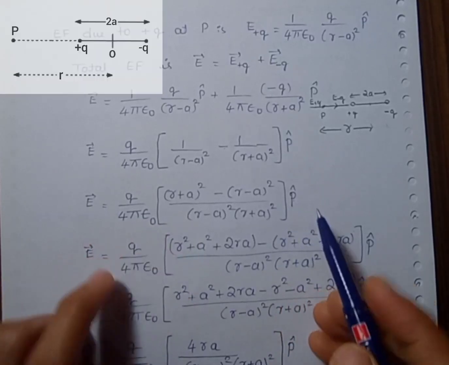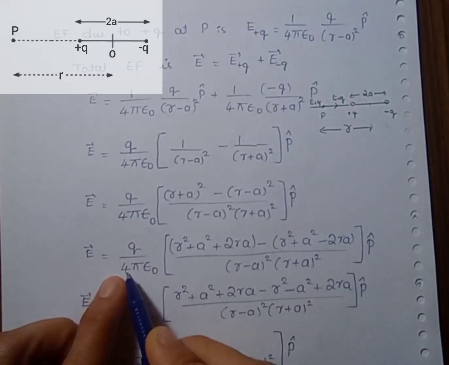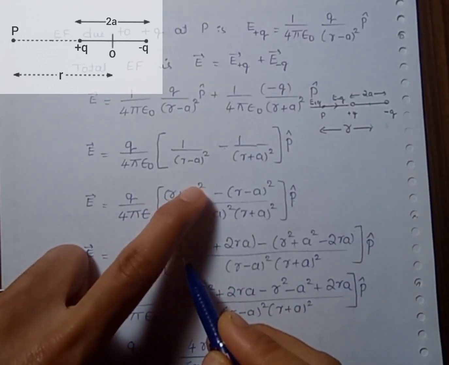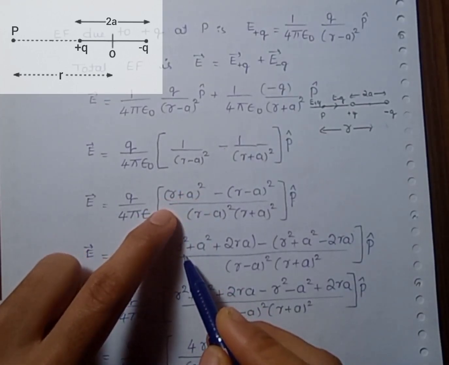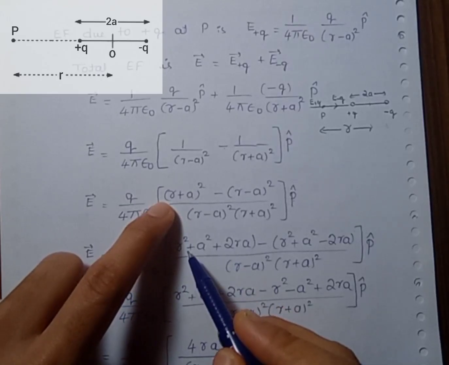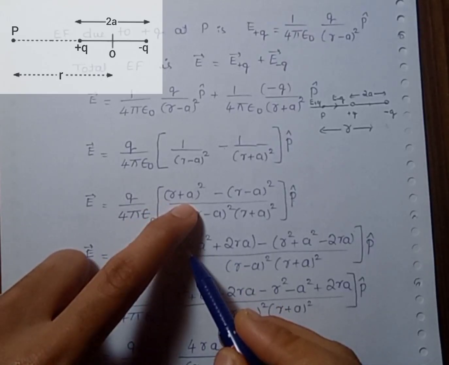Now E is equals to q divided by 4 pi epsilon naught. The a plus b whole square formula we already know is a square plus b square plus 2ab. In place of a we take r, in place of b we take a.